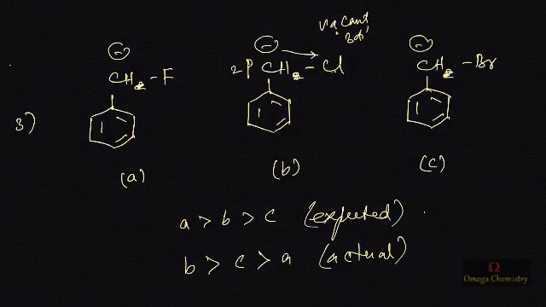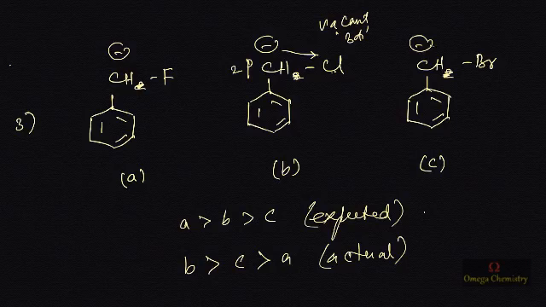Such back bonding will increase the stability of the intermediate, I mean the carbanion generated from compound B.